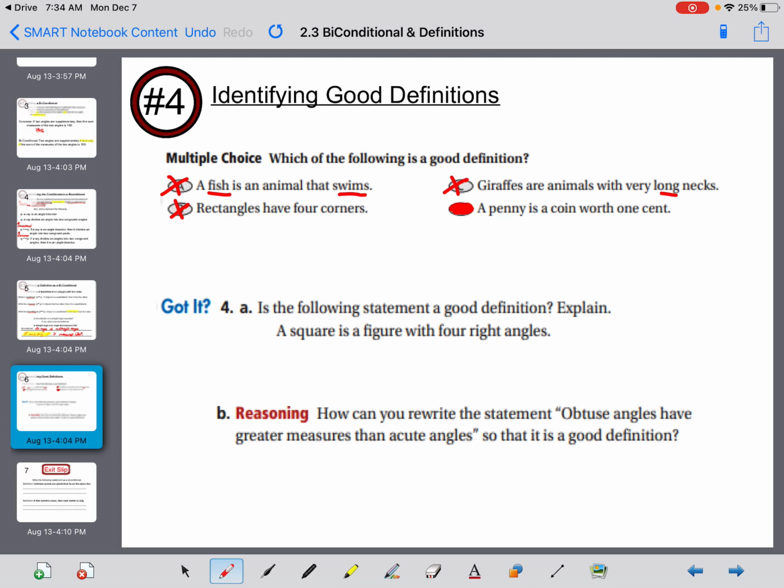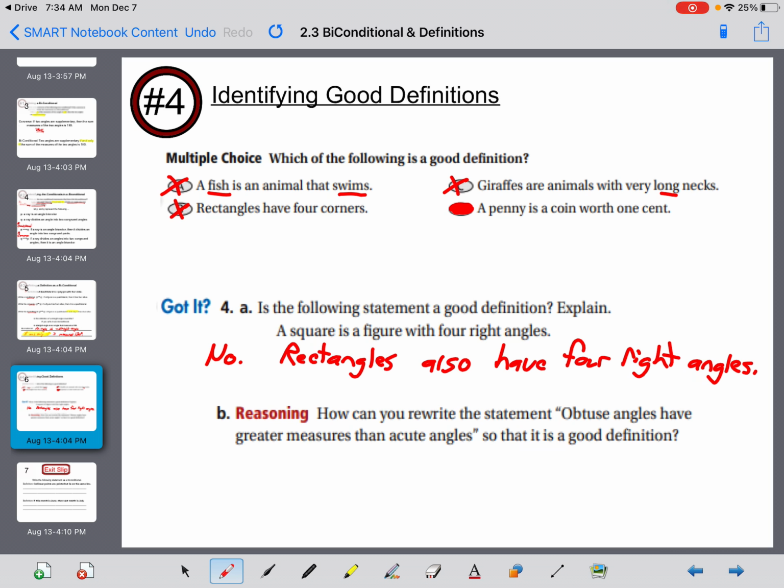Is the following statement a good definition? A square is a figure with 4 right angles. Well, the answer is no here, and that's because rectangles also have 4 right angles. Okay. How can you rewrite the statement obtuse angles have greater measure than acute angles?